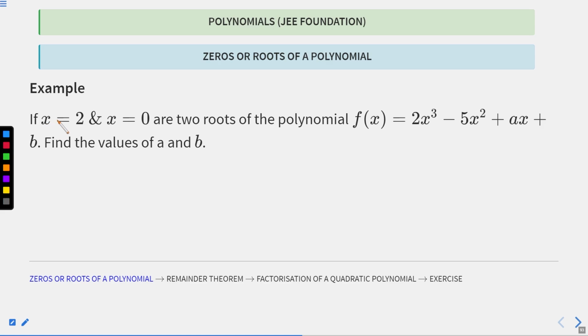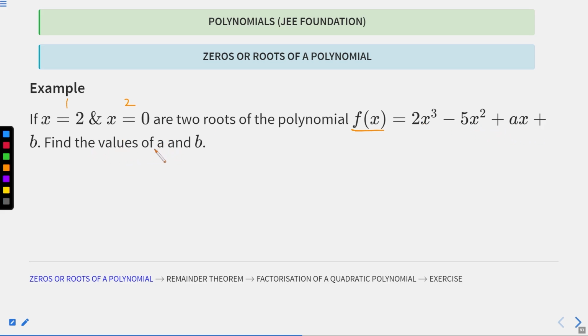Now here, if x equals 2 and x equals 0 are two roots. So I have been given two roots, x equals 2, one is this, and x equals 0, second is this. Now two roots of the polynomial f(x). My polynomial is also given, 2x cube minus 5x square plus ax plus b.